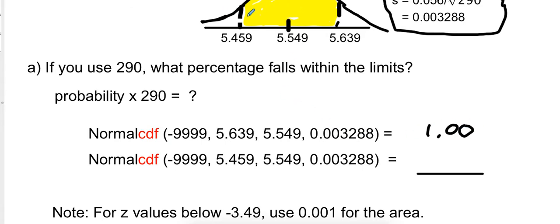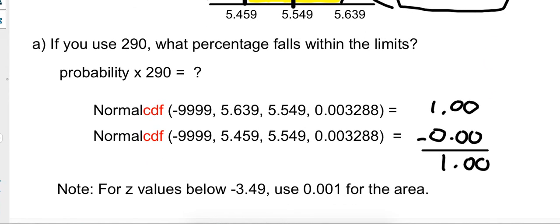And you want to subtract the area of the tail. If you put the tail part in, it's going to tell you it's 0. And if you subtract, you're going to get 1. And when you put 1 into the problem, it's going to say you're wrong.